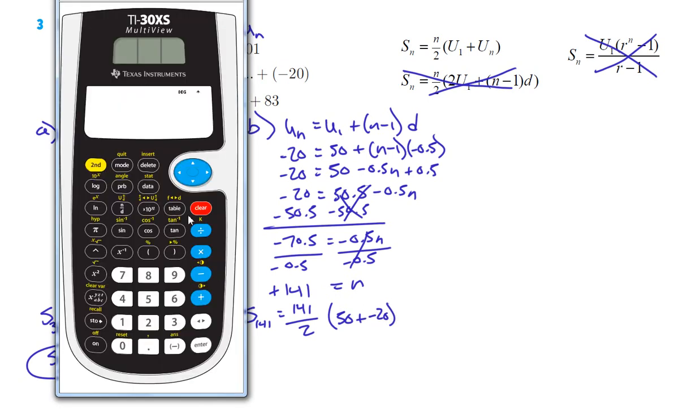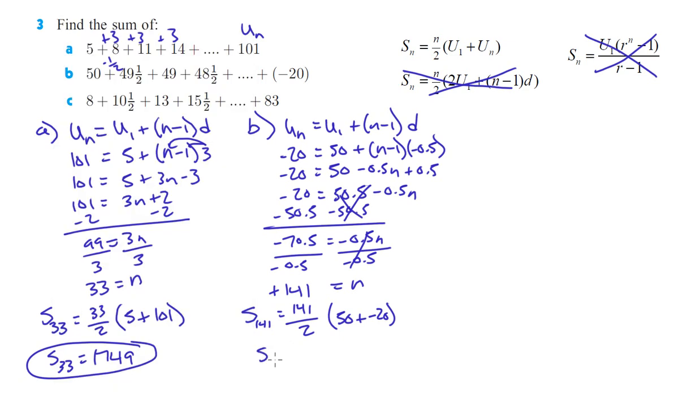Then we can plug that in, and that's going to be 141 divided by 2 times 50 minus 20, which is 30. And we end up getting 2115. Yep. So the sum of this series here should be 2115.